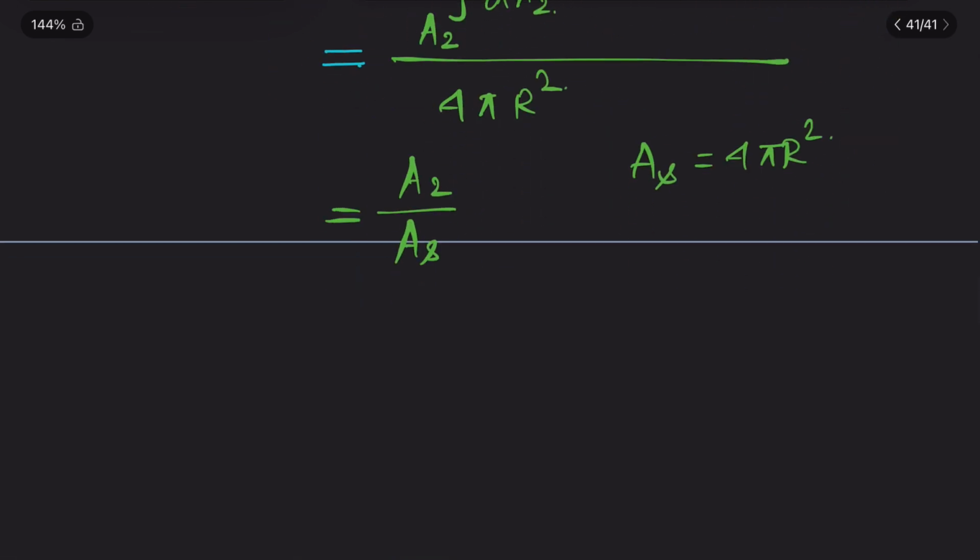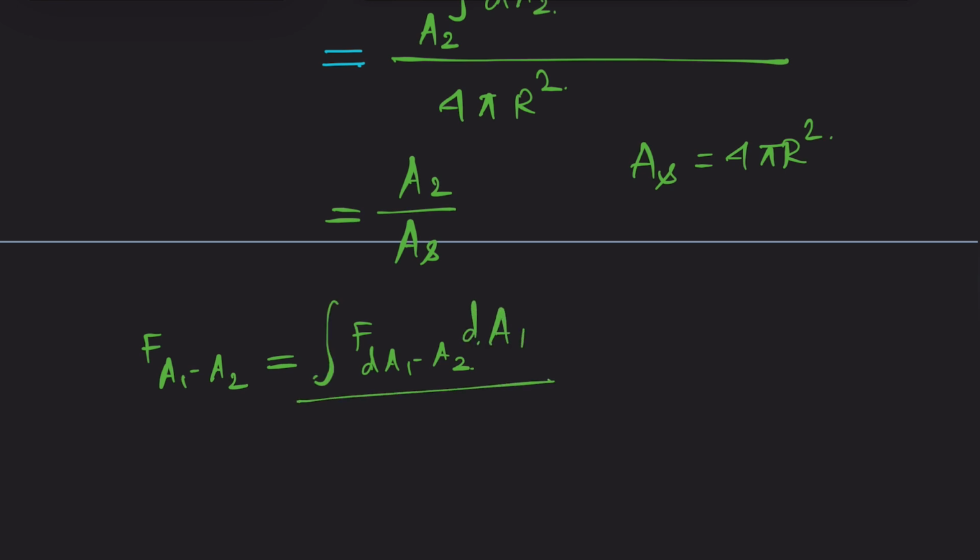Now you see if I have to calculate f A1 A2, that will be f dA1 A2, integration of that with respect to dA1, and also I have to do this one.